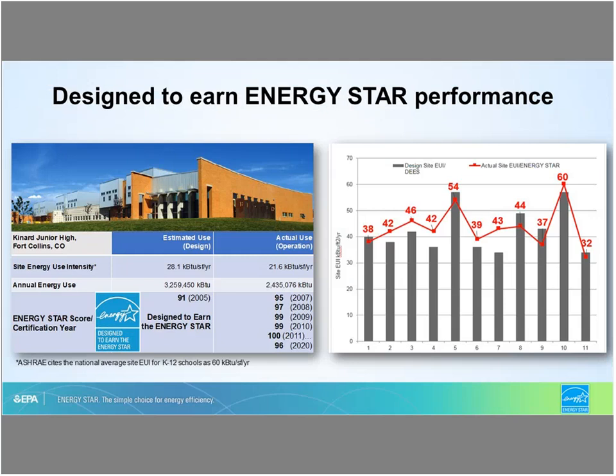The chart on the right is a series of school buildings that we downloaded from Portfolio Manager for Loudoun County Public Schools, and it's an overlay of the EUIs for the design building and the operating building. So this was a chart that was created over time.